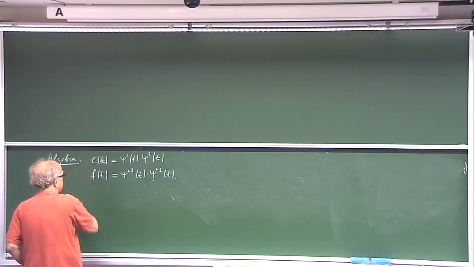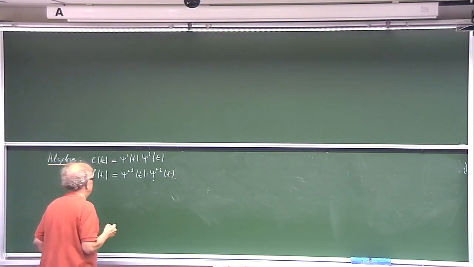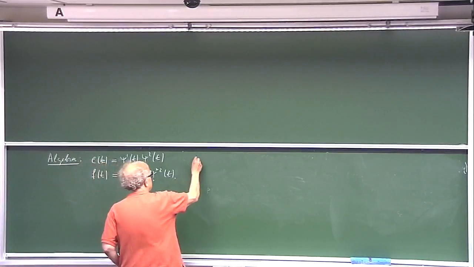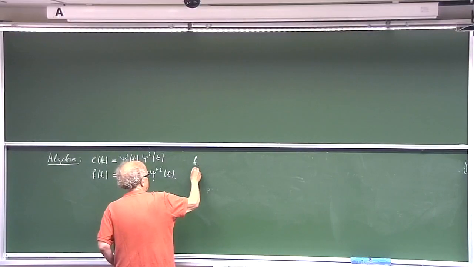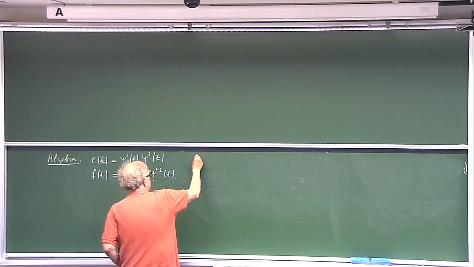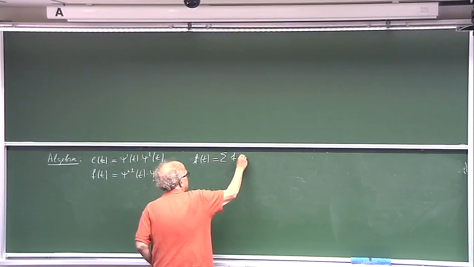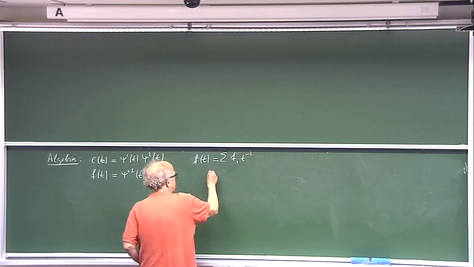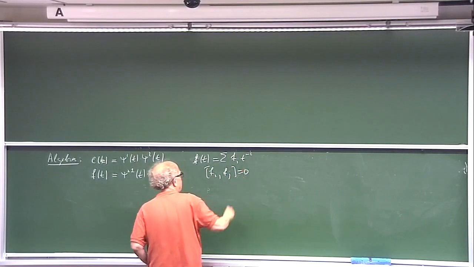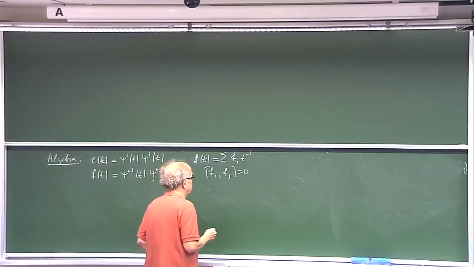Our construction is symmetric, and so it means that about F we know the same. Let me write it this way: F_i is psi_i star, and so F_i F_j is 0, the bracket is the same as for E. What more than that?